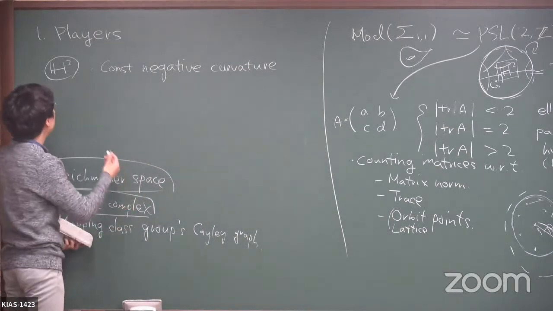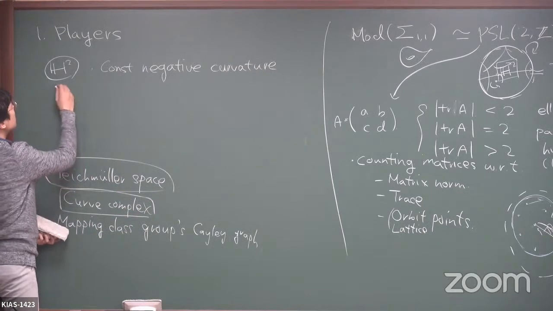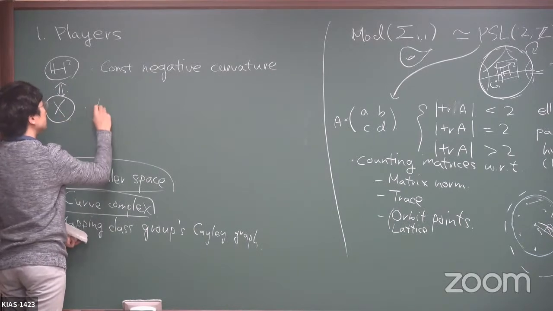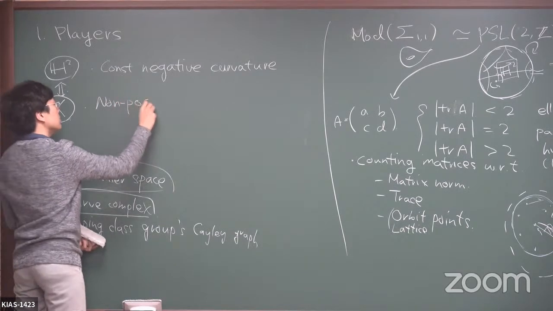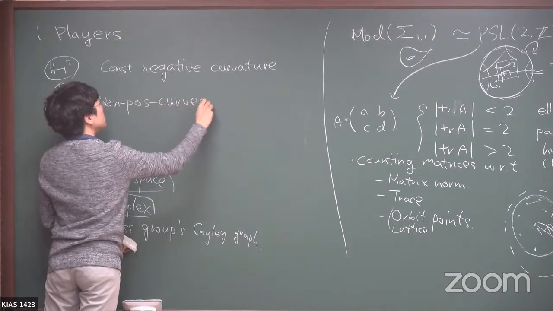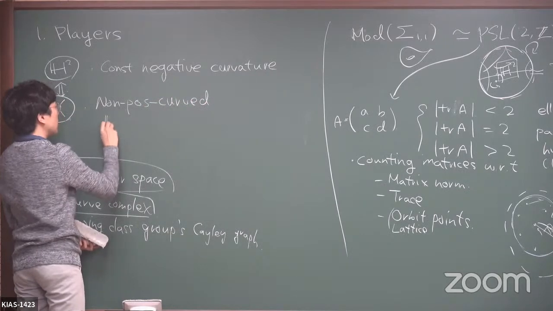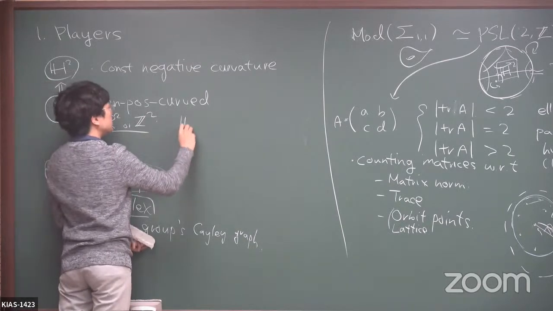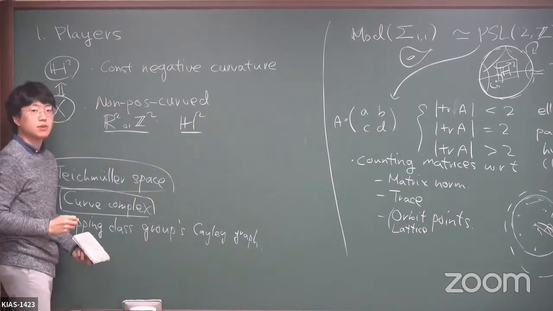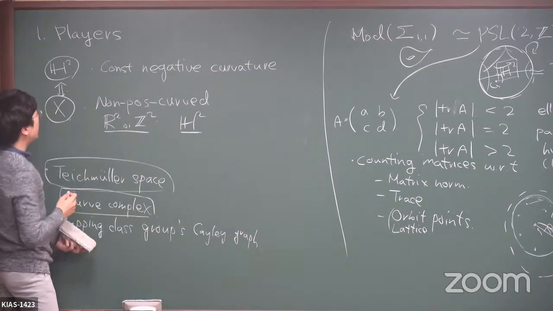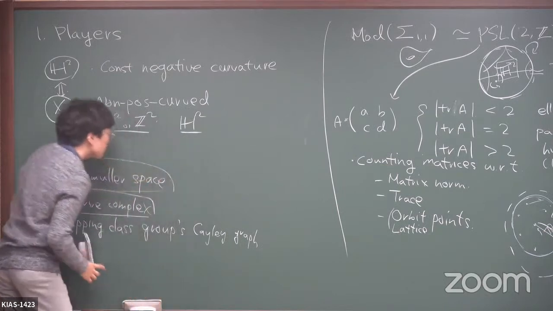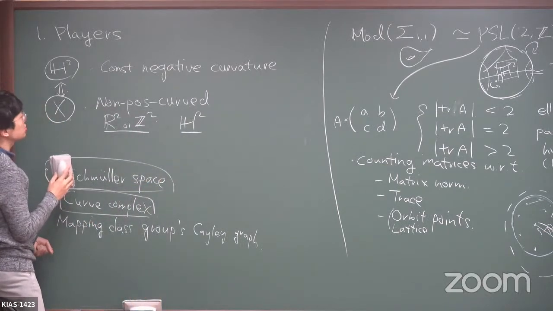I mean, it's much simpler. But if you're working in a more complicated space, which is only non-positively curved, which may include some flat parts, like R2 or Z2, and some negatively curved behavior, if you have this mixed property, then it's not evident whether you can apply the theory of hyperbolic dynamics or not.